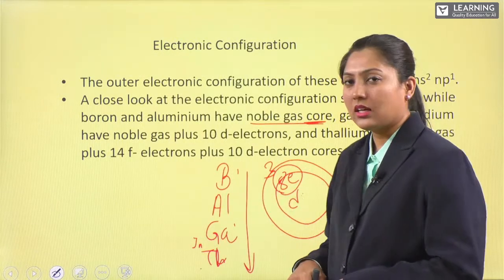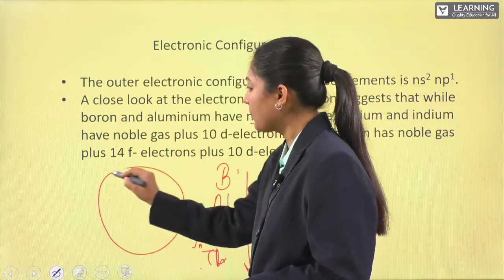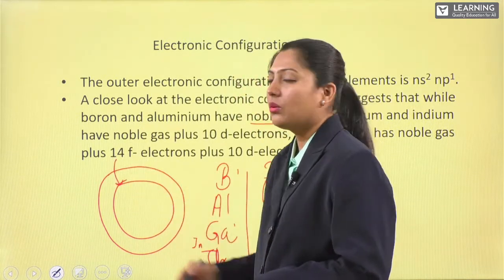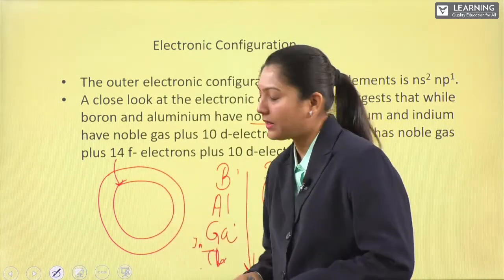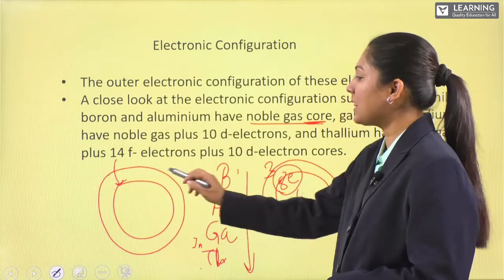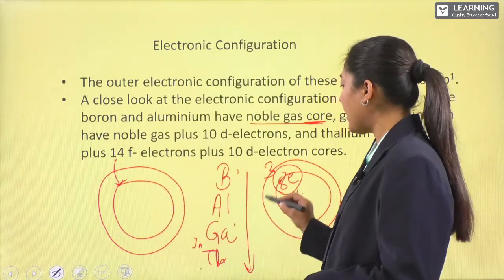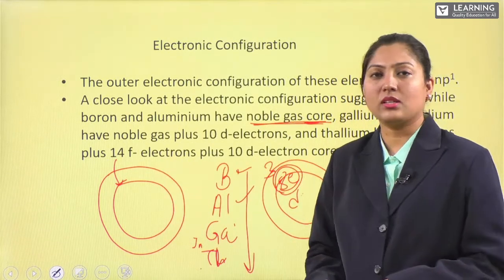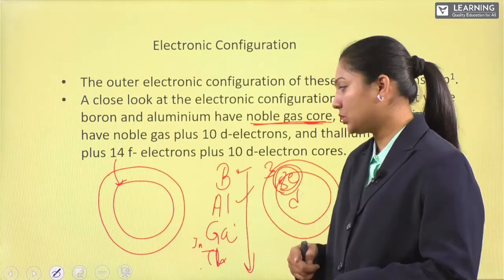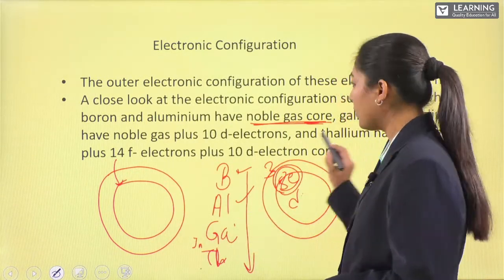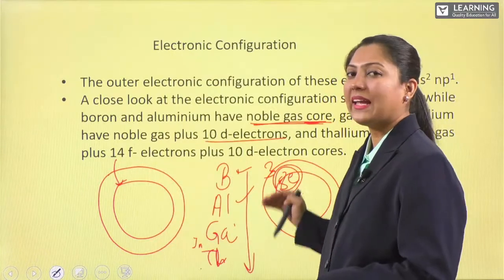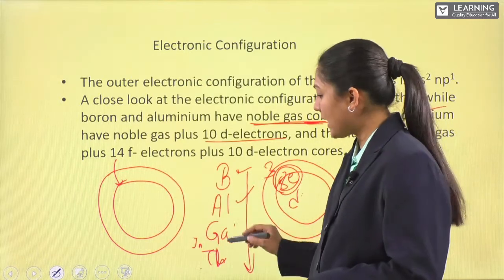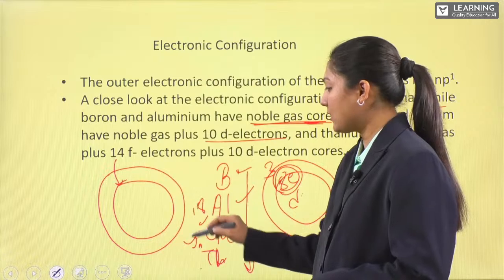The second shell from the outside, we call the penultimate shell. The electrons present in that penultimate shell will be 8 in boron and aluminium. Then we call it a noble gas core, because noble gas has 8 electrons in the outermost shell. Whereas if it is having noble gas configuration plus 10 electrons, that means 18 electrons in total, that is for gallium and indium.